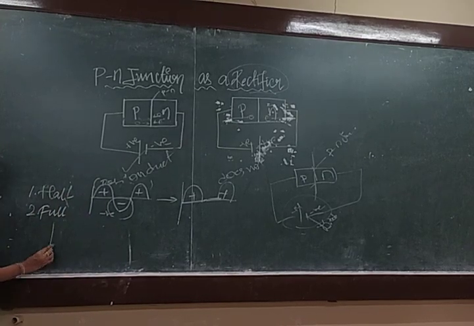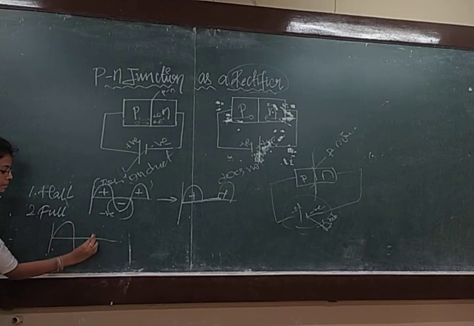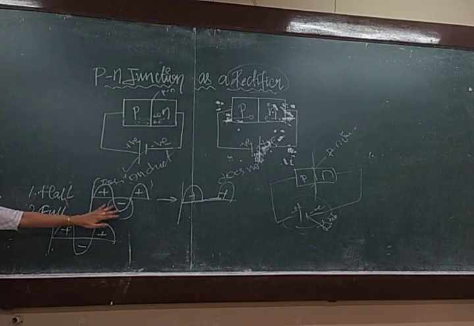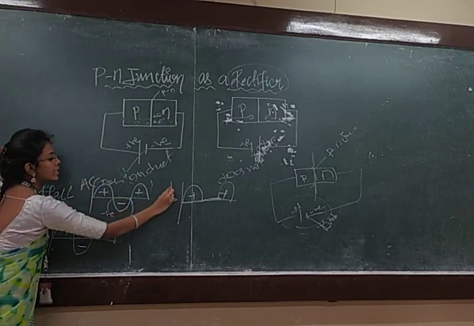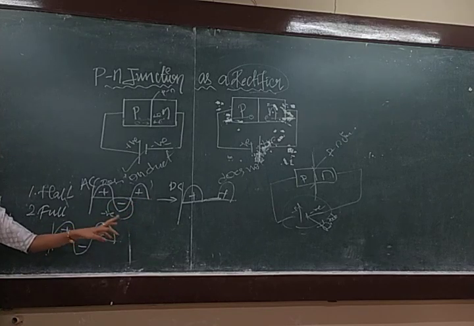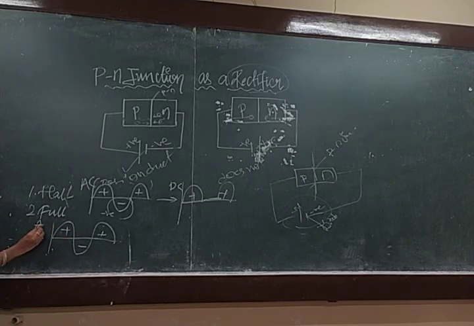In the full wave rectifier, you will be having an output like this. Plus minus plus. This is the AC current and this is the DC current. That is why you will have current only in one direction. DC means what? Direct current, only in one direction. Now in the full wave rectifier, my AC current will be the same.